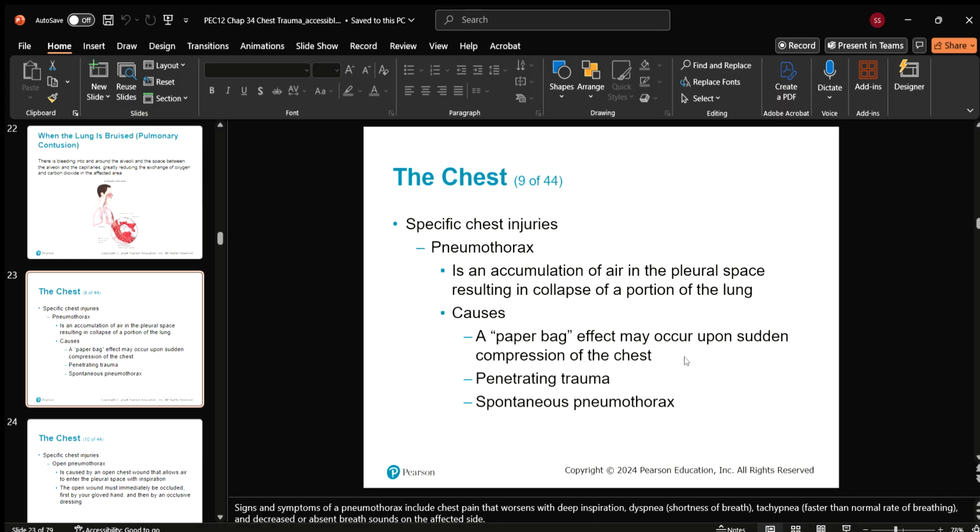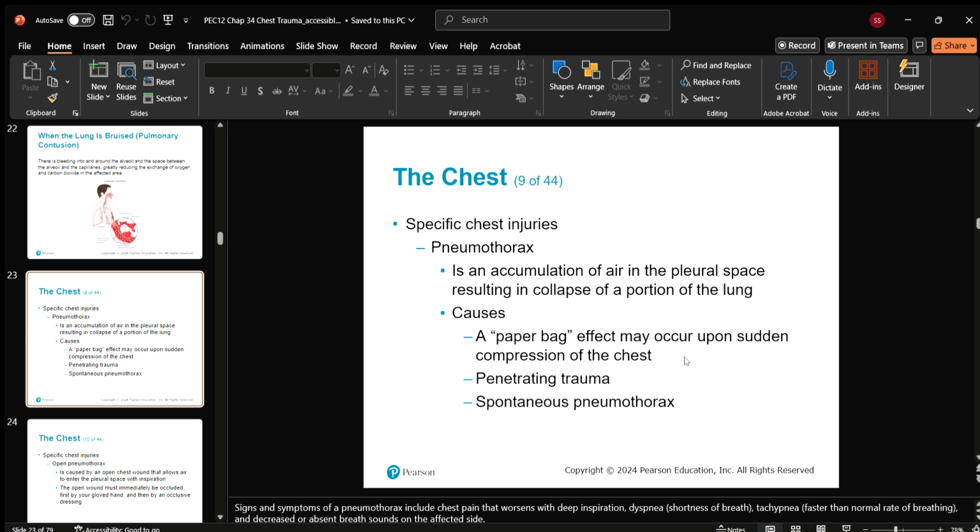And I talked about this earlier when we talked about having air inside of the chest cavity. We have a pneumothorax. Pneumo meaning air, thorax meaning chest. So we have an accumulation of air inside the pleural space. So previously we were talking about that happening with an open chest injury, but here it's a closed chest injury.